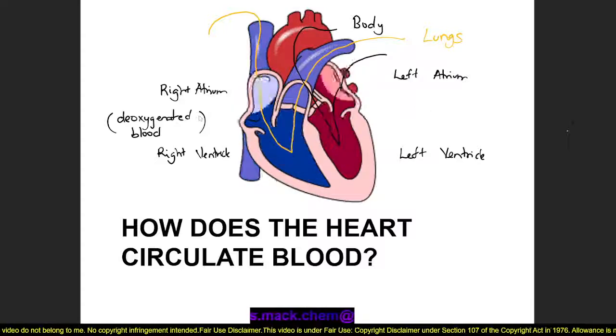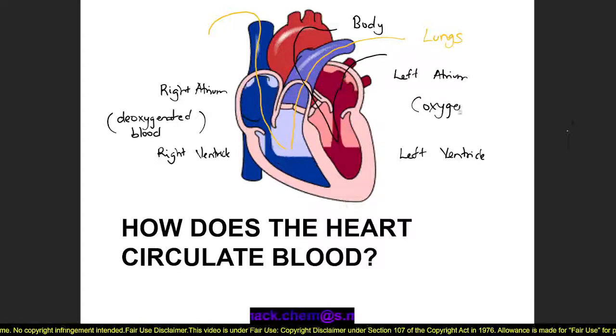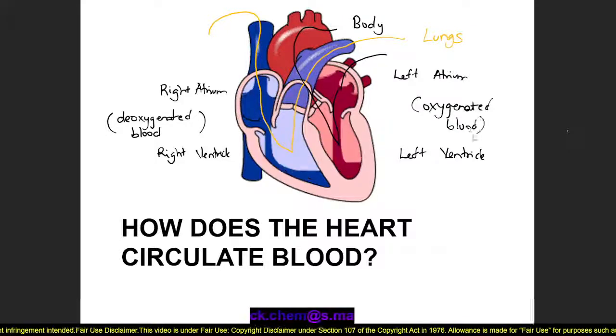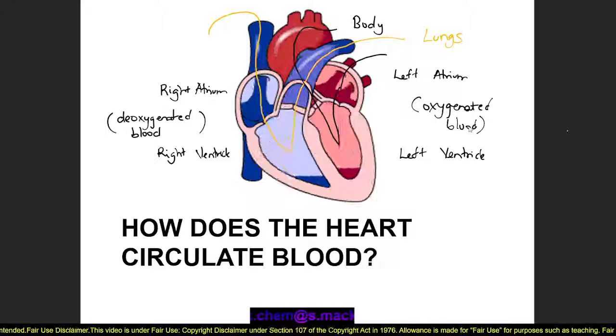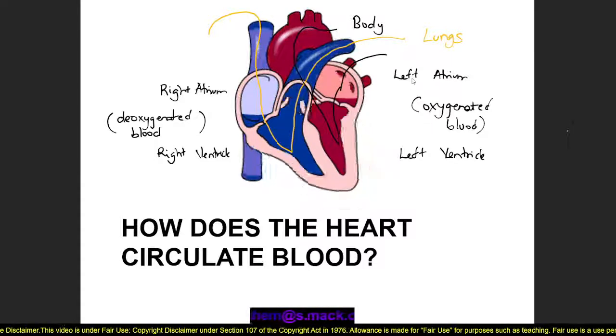That means if we have deoxygenated blood on the right of the heart, we're going to have oxygenated blood on the left of the heart. I'm looking at my hand and I'm saying right, but it's on the left of the heart.